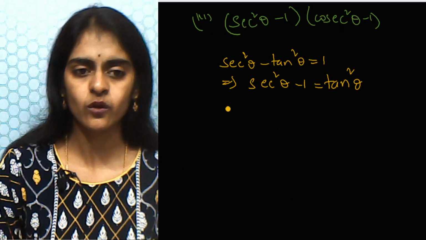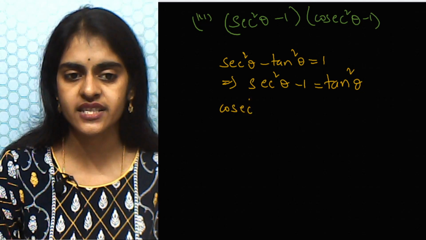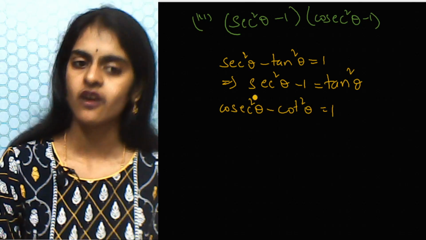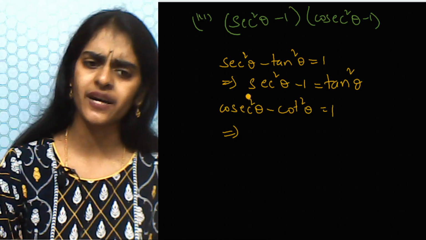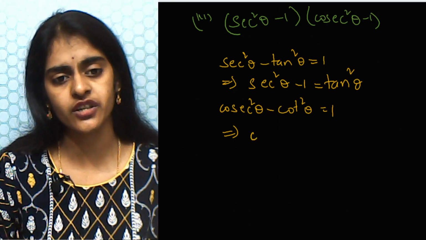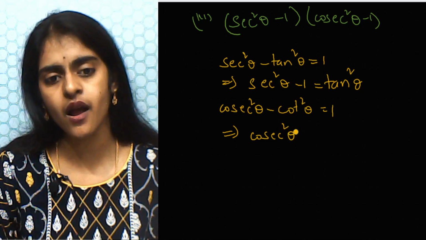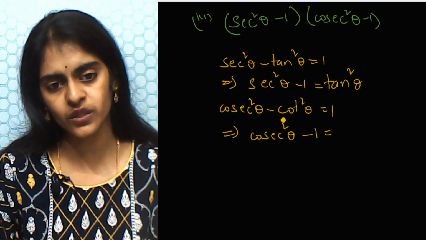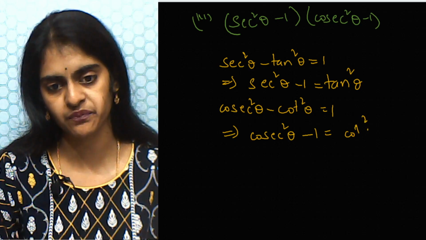Now you also know another identity. What is it? Cosecant square theta minus cot square theta is 1. Similarly, the same identity, by just transposing cot square theta to the RHS, what do you get? You get cosecant square theta minus 1, taking 1 to the LHS so it is minus 1, is equal to cot square theta.